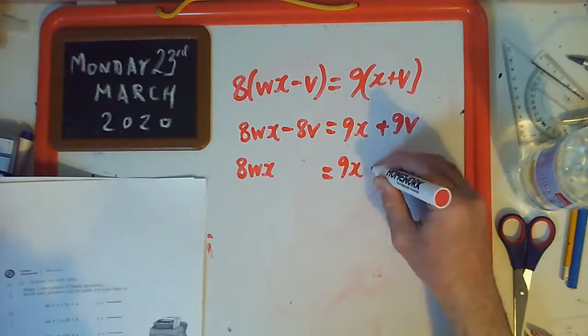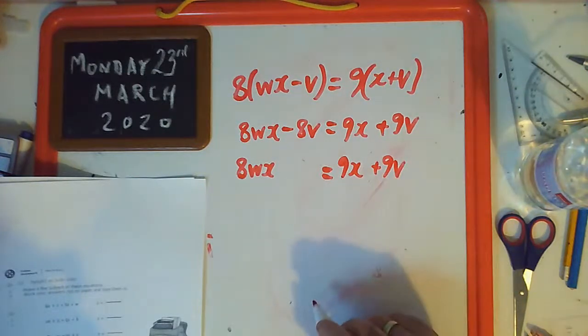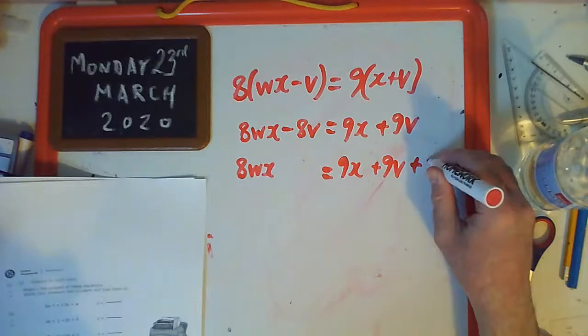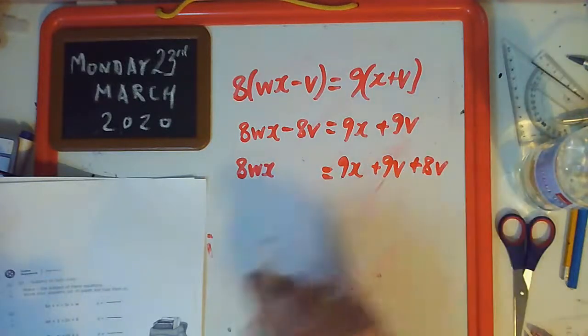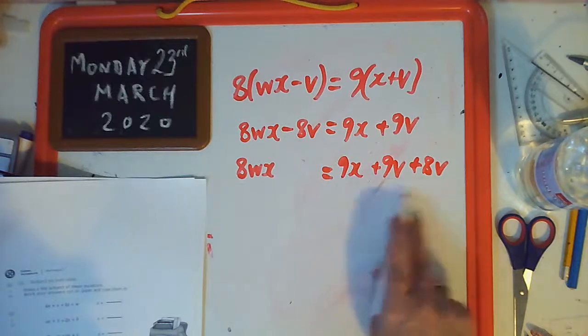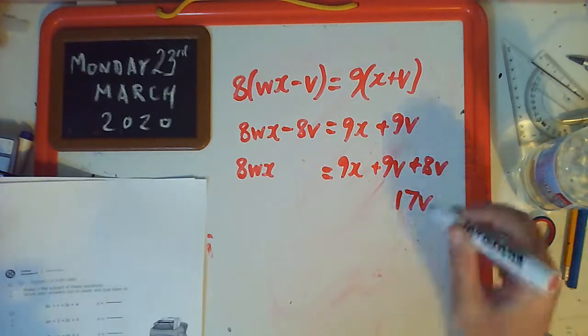But if I'm adding 8v to the left, I've got to add 8v to the right. So 8wx equals 9x plus 9v plus 8v, or those two can go together and make 17v.